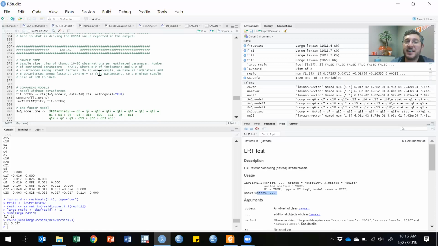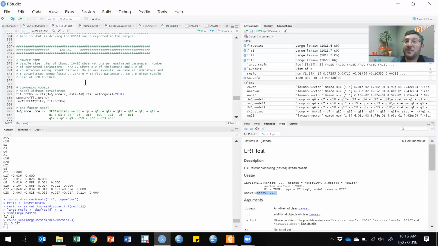You take the number of indicator variables, plus the number of covariances times 2, plus the number of covariances among latent factors. I think this is one of the formulas from one of the readings. I don't remember off the top of my head which one.